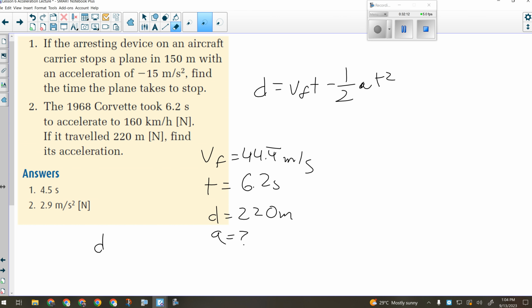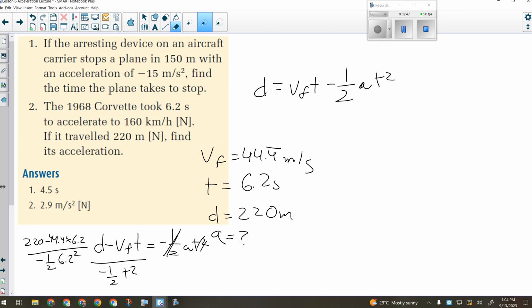I'm going to have d minus vf times t equals negative 1/2 at squared, and then I'll divide both sides by negative 1/2 of t squared, and that will leave me with the acceleration. So when I punch in my numbers, that's going to be 220 minus 44.4 times 6.2, divided by negative 1/2 of 6.2 squared.